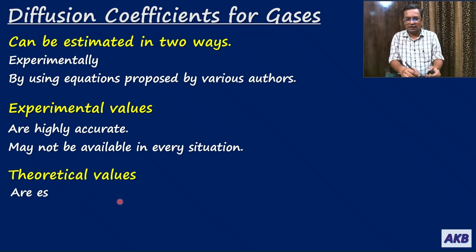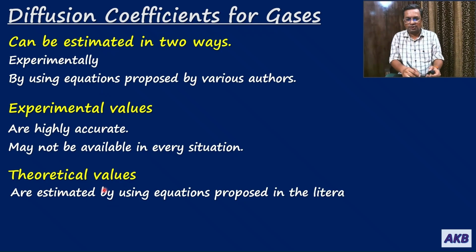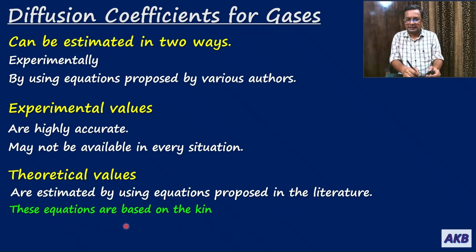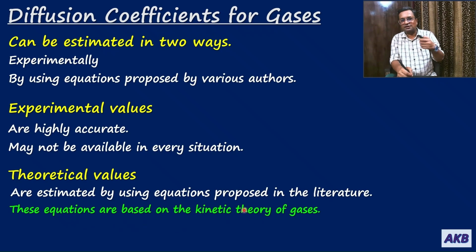So theoretical values, which are calculated by using these equations, are estimated by using equations that are proposed in the literature. And these equations are based on the kinetic theory of gases. For gases, you have the kinetic theory, and from the kinetic theory, different authors have proposed equations for calculating diffusion coefficients in gases.